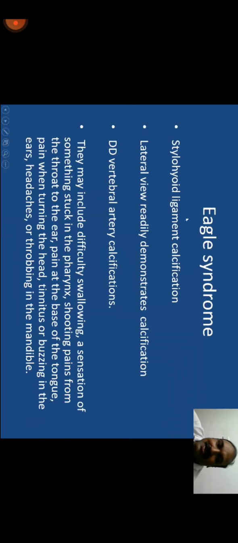It's not related to an eagle; it was first identified by a person called Eagle. It should be differentiated from vertebral artery calcification. In the AP projection I told you that it's a vertebral artery, but in a lateral view, stylohyoid ligament calcification can produce such shadows. So that should be differentiated.